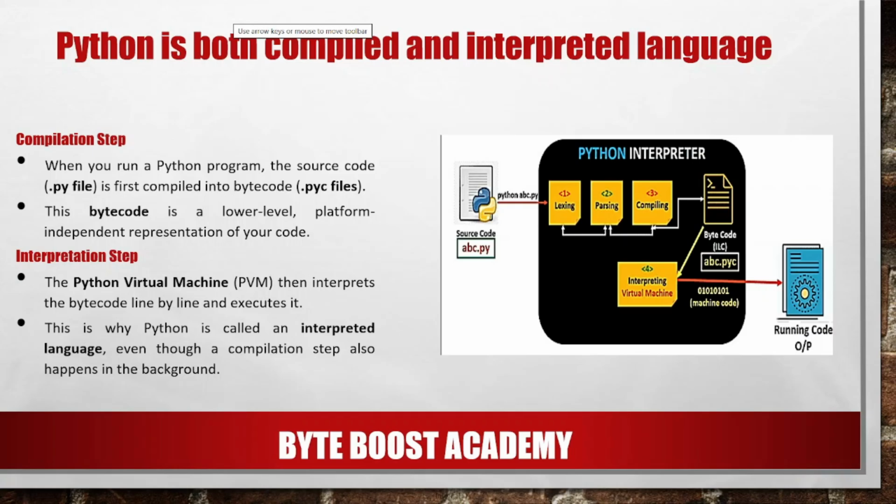That is lexing, meaning breaking down of the words into tokens. Tokens are the most minute or atomic element in any programming language. So it will check whether this is a keyword or not, this is a literal or not, this is a variable or not. So it will break down into tokens.